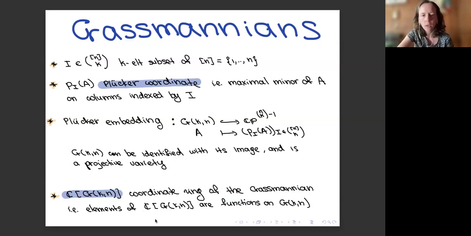The elements of this coordinate ring are functions on the Grassmannian, functions you can apply to these matrices and get something out. That's the object we're going to talk about.